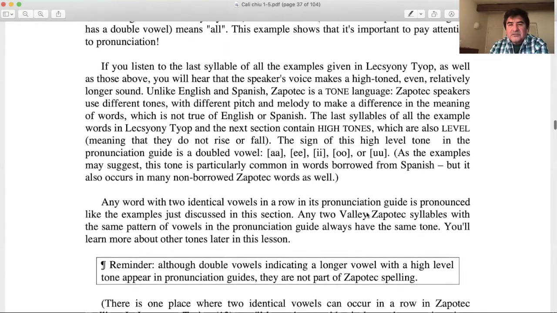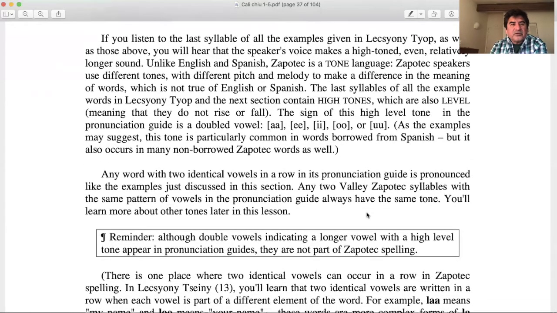The last two syllables of the example words in Lección Tube that we saw contain high tone. We also call them levels, meaning that they do not rise or fall; they stay pretty much the same. If you listen again, the words don't change, like café. The levels stay the same, or reloj.